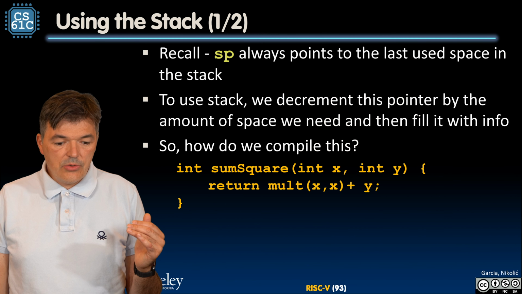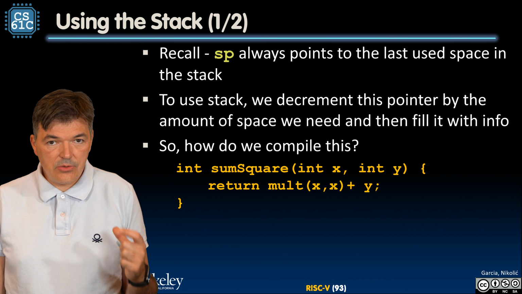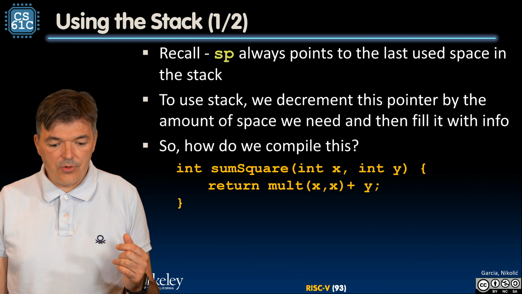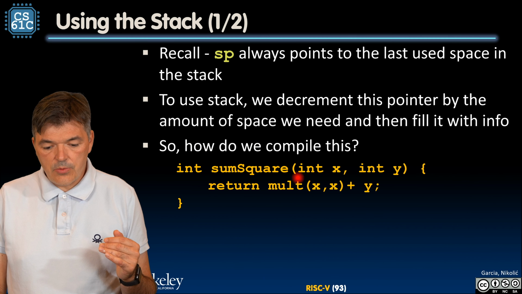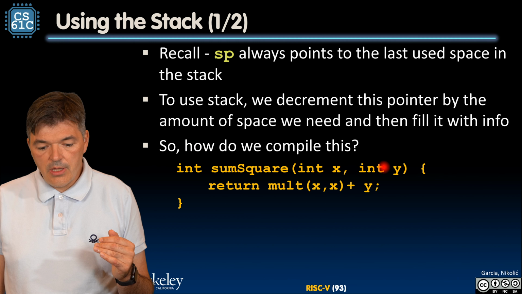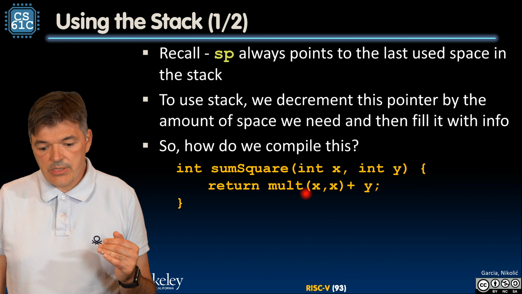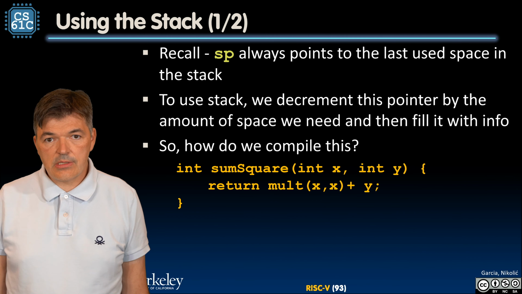So how do we actually implement this? What happens with the stack when we implement the nested function that we have seen before? Remember, we have a function sum square that works on integers x and y and calls within itself another function that multiplies x with x and then adds y before it exits.